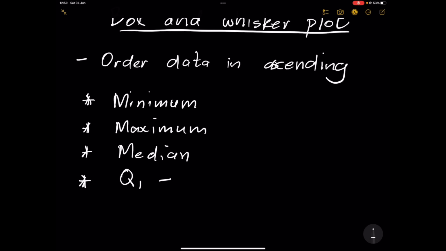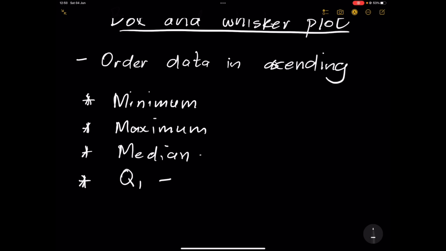Now, remember what the median does. It will divide your data into two sets, in half. But if you've got the first half, you will find the half of your first half. In that case, we call that Q1, which is basically the first quarter of your data.